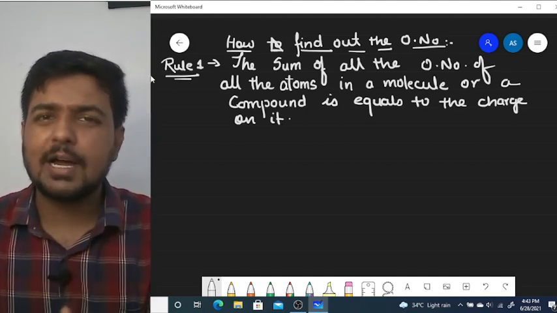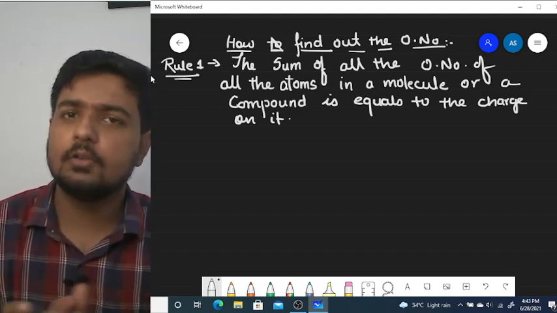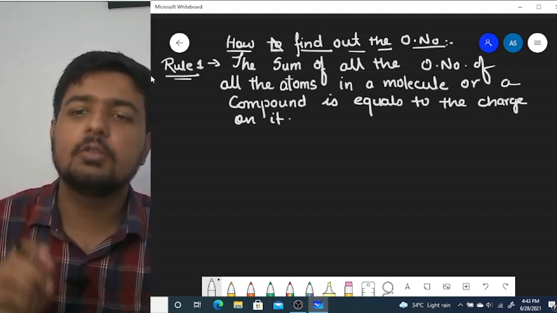If there is no charge, then it will be equal to 0. If there is a charge, whether positive or negative, then it will be equal to that particular charge.